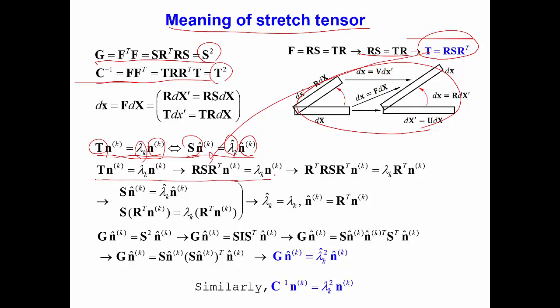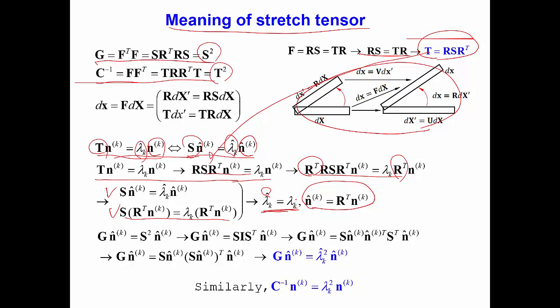Now, let us multiply the transpose of the rotation tensor on both sides of this equation to obtain a new eigenvalue problem like this. Comparing this new eigenvalue problem with the eigenvalue problem for the right stretch tensor, we can conclude the two eigenvalues lambda hat k equal lambda k. The two eigenvalues are the same. And the two eigenvectors should meet this transformation law.